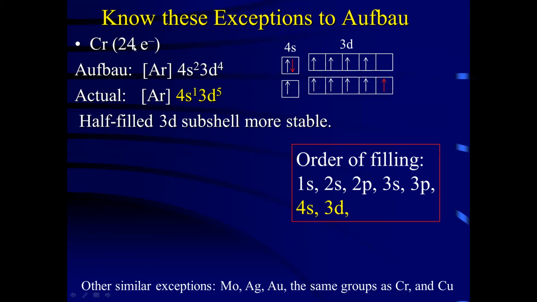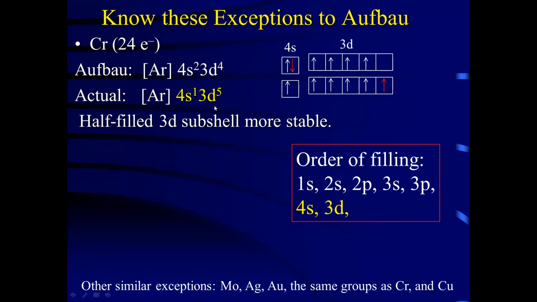This one has 24 electrons. If we follow this sequence: 1s2, 2s2, 2p6, that is 10, 3s2, 3p6, 4s2, that is 20. We have 4 electrons left, so we should put 3d4.